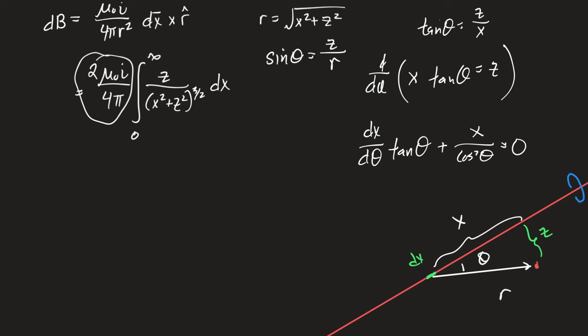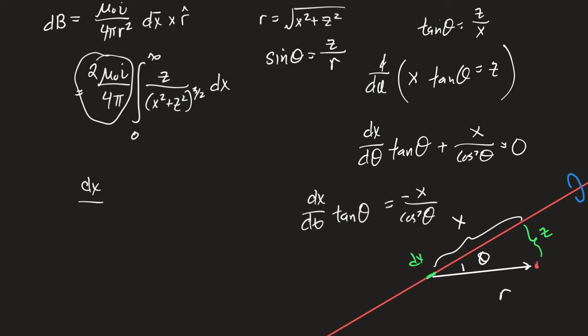So here's what I propose. I'm going to run out of space, but I'm going to write dx d theta tan theta equals minus x over cosine squared theta. And I need to get the theta parts and d theta on one side, so I'll divide both sides by tan theta.